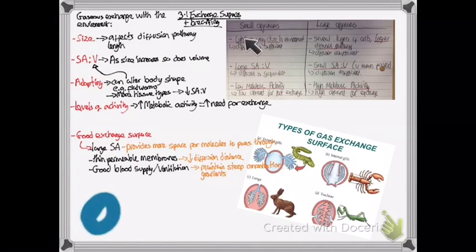So small organisms have cytoplasm very close to the environment, so diffusion is sufficient. They've got a large surface area to volume ratio, so diffusion is sufficient. And they have a low metabolic activity, so a low demand for fast exchange, so diffusion is sufficient for small organisms.